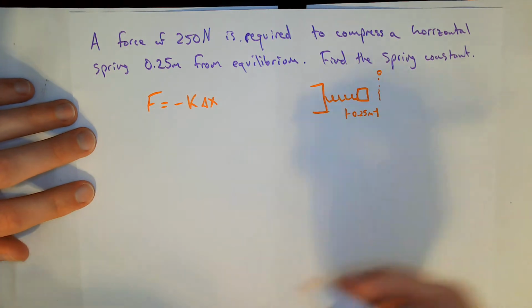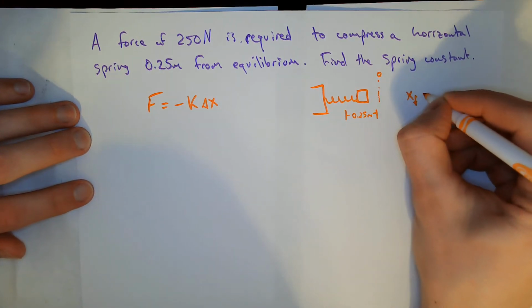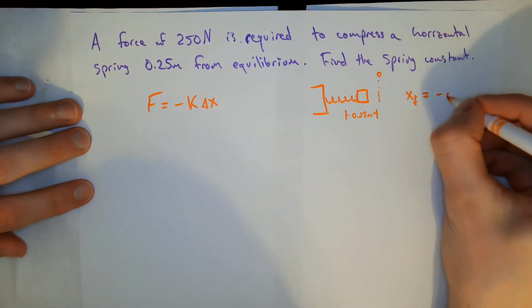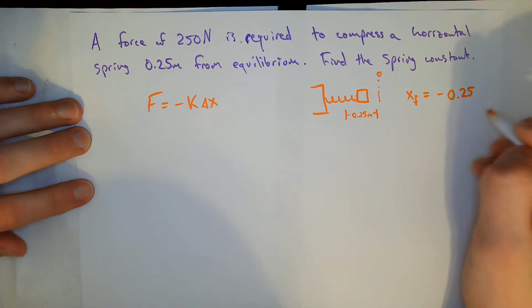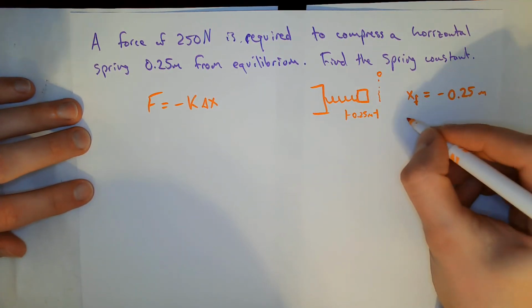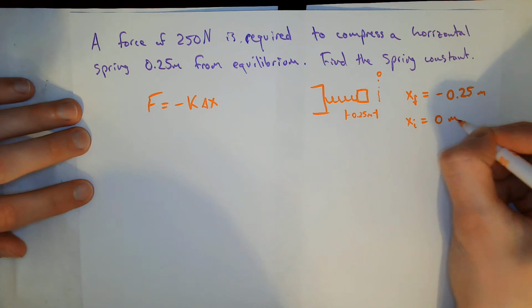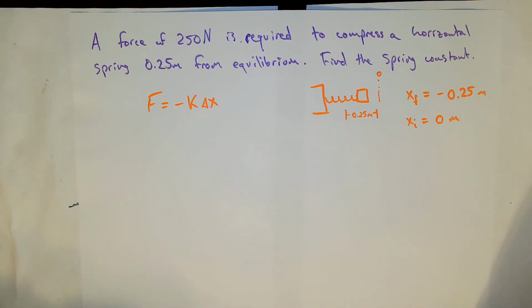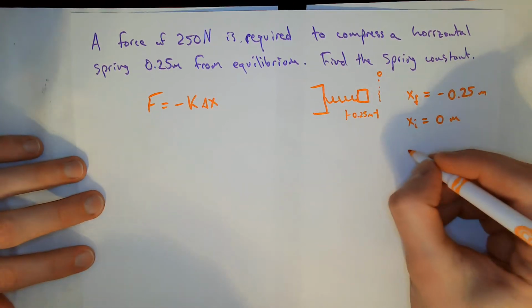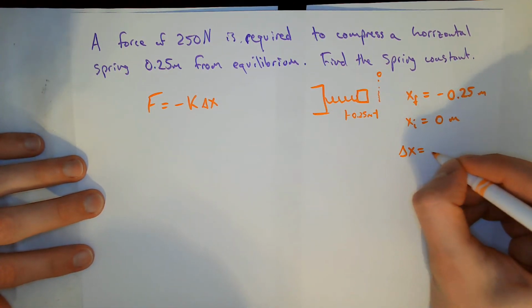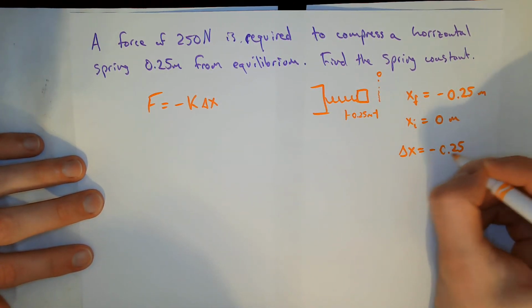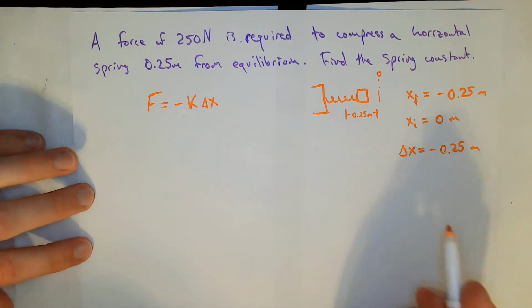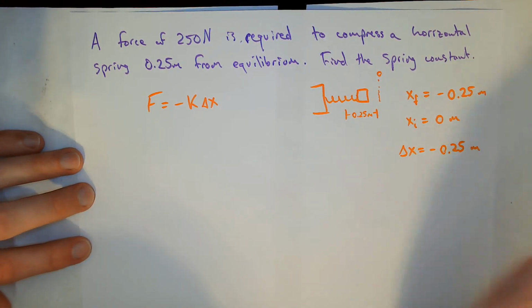Since it's a compression, it's to the left, so we can say x final is negative 0.25 meters, and x initial at equilibrium is 0 meters. So that means delta x is going to end up being negative, which is okay, because that's going to work out over here.